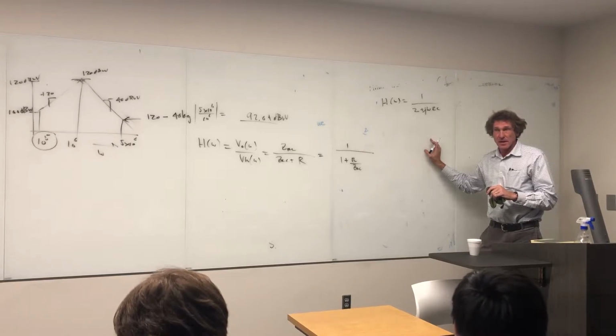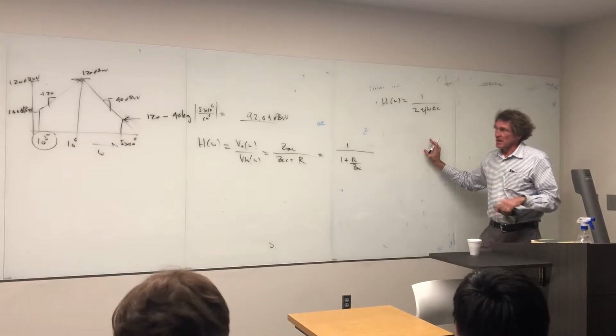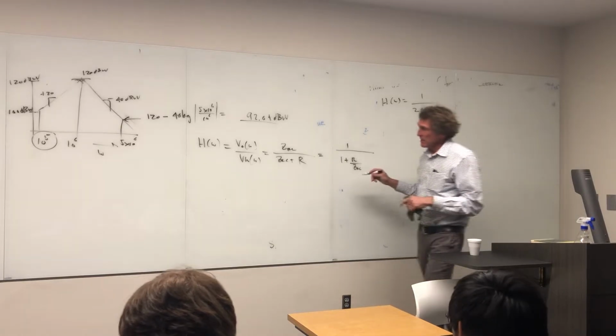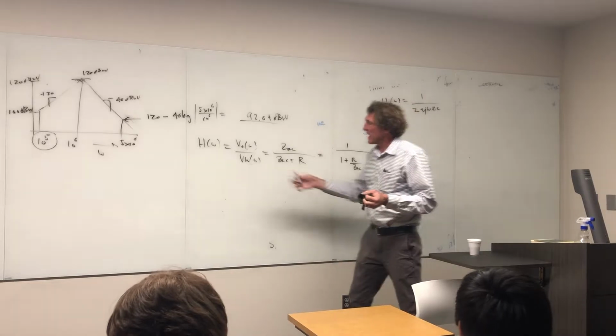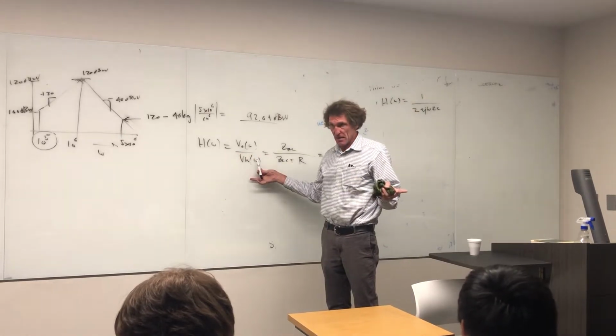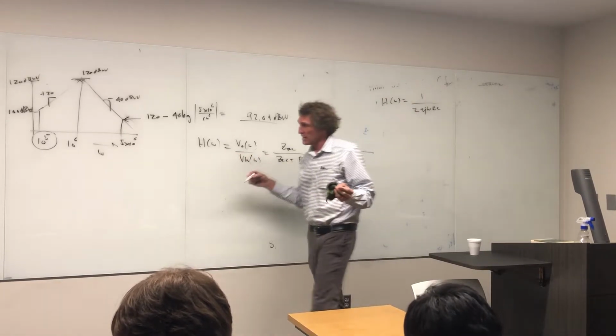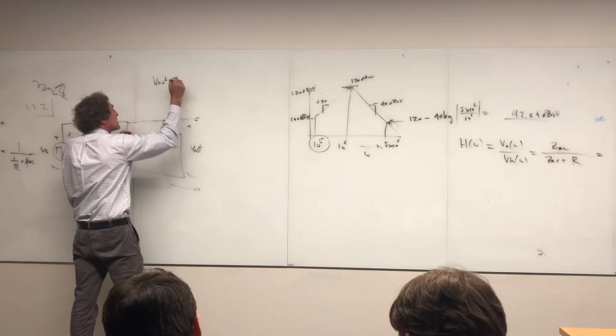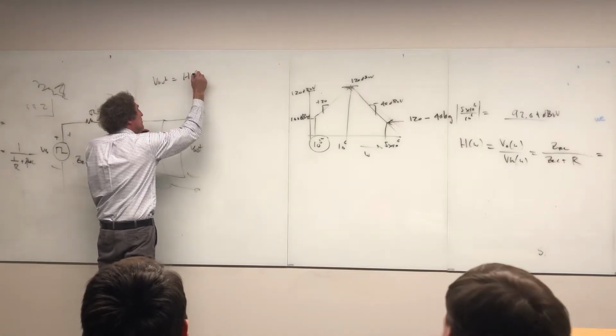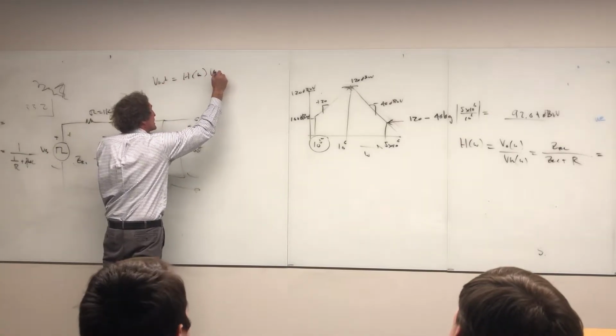Agree? Now, if that is H of omega, really, because my output technically is going to be H of omega times V in, right? Now I'm going to just put it here. I wish I had more board to work with, but V out is equal to H of omega times V in.